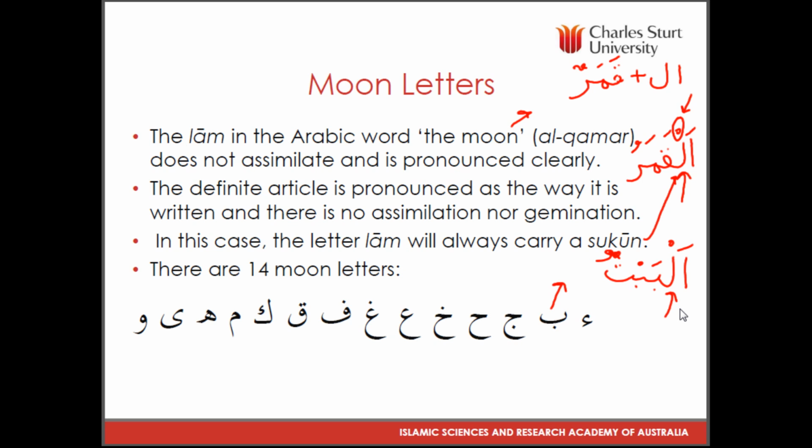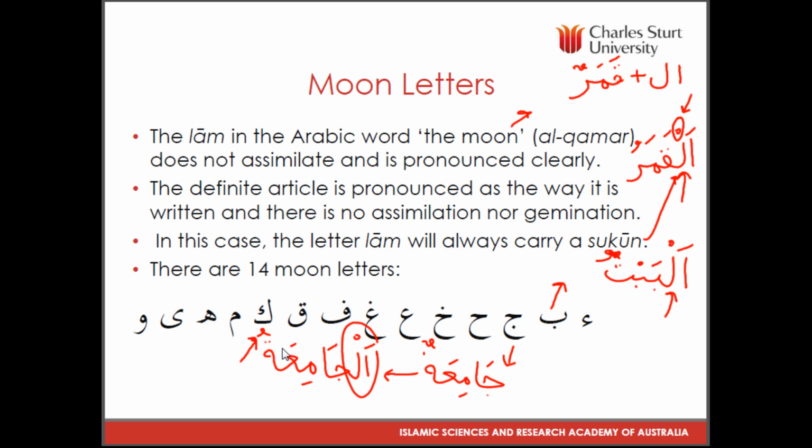Another example for jim: jami'atun. Jamia means university, yes? Prefix al: al-jami'atu. The ending should be with one damme, not tanween, because it is definite. Look, I pronounce the lam as well.